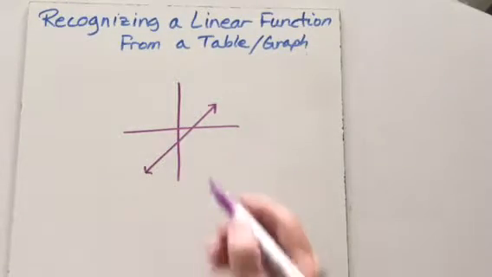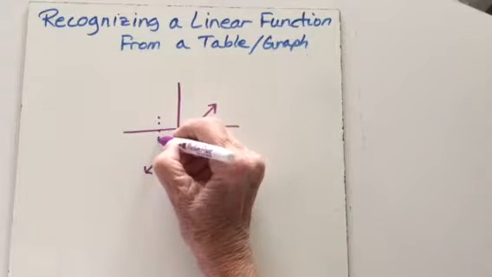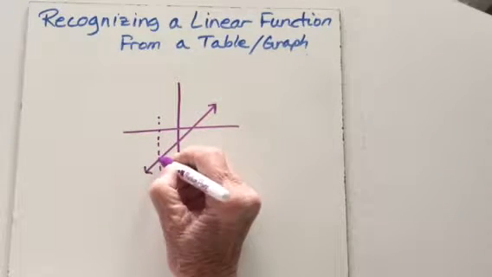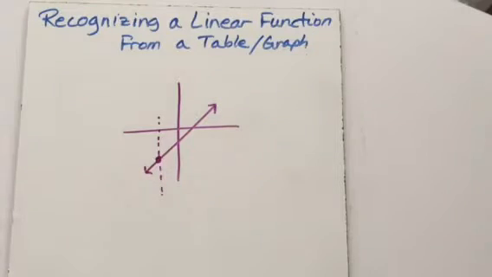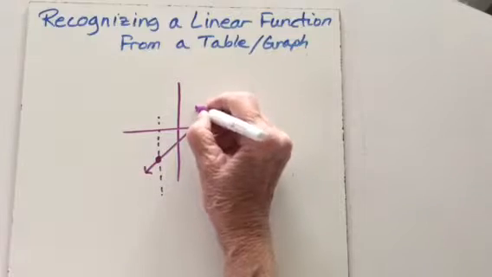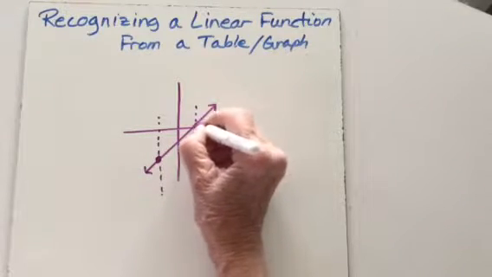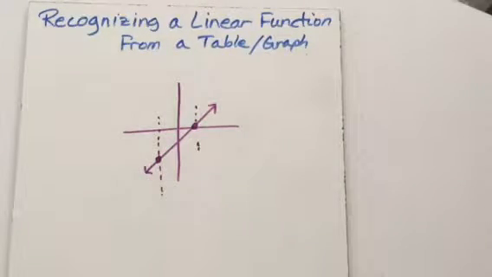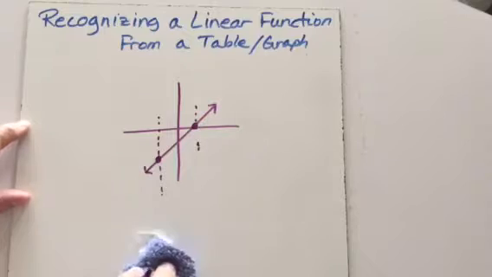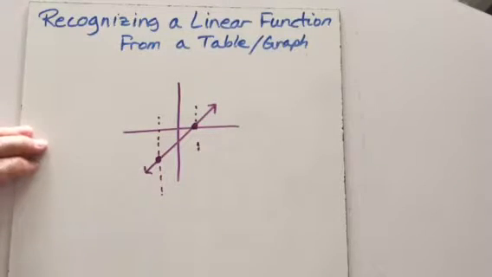If I take a straight line and go down, and it hits this line only one time, then we can say that is a function. So anywhere along this line that I draw a straight line, you'll notice I'm only going to hit the graph one time. Therefore, we know that that line is a function because of the vertical line test.